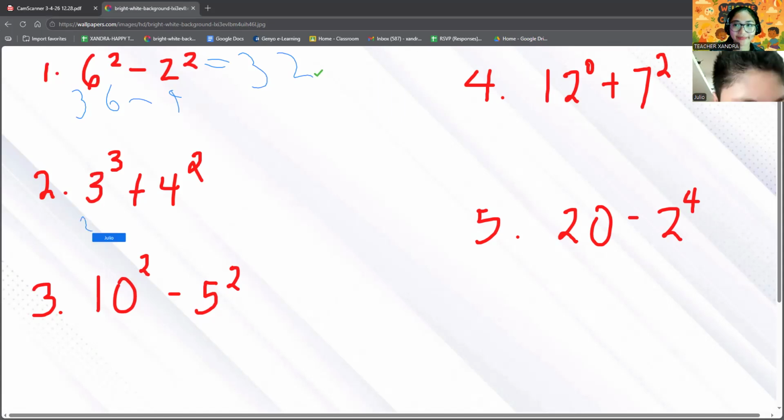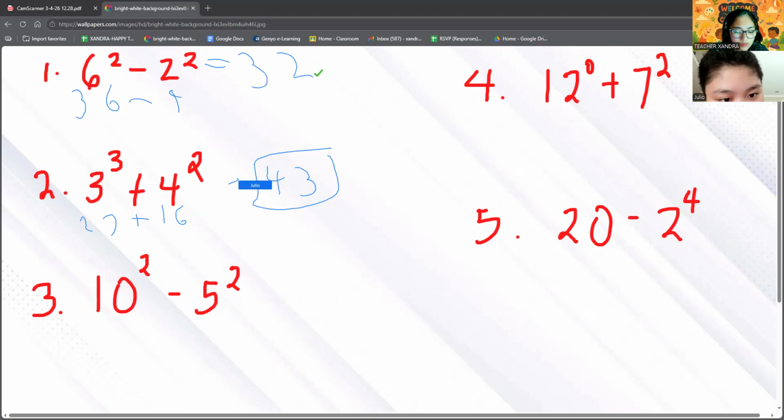This is correct. Very good. Okay, so this is also correct.